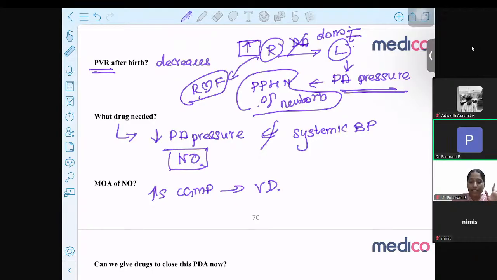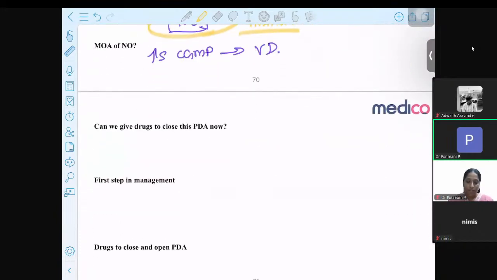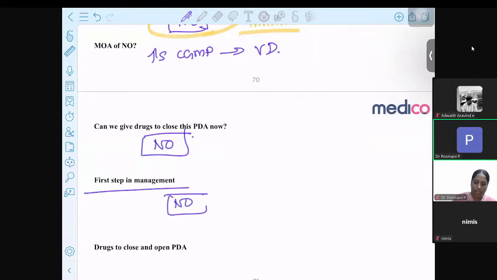So for persistent pulmonary hypertension of the newborn, the drug to be used is nitric oxide, via the inhalational route. Clear? The other options are not correct, and this is nitric oxide.